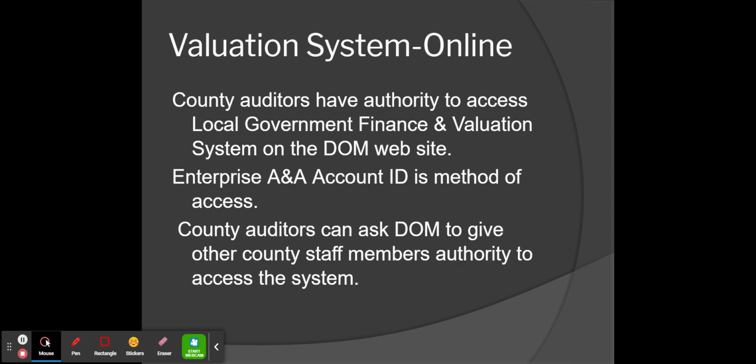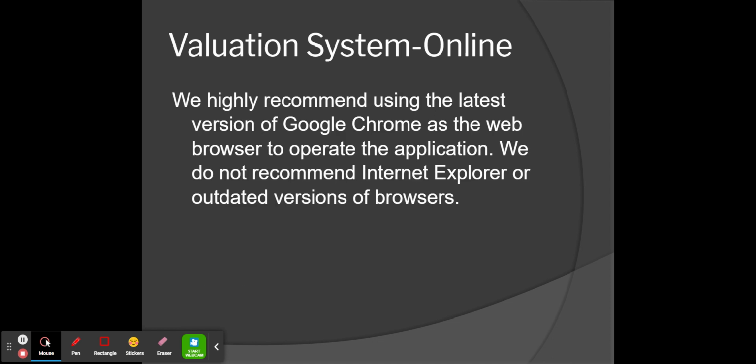Just simply contact me via email and request that a particular individual needs to access the valuation system, and we can give them that authority. If they don't have an A&A account, obviously they'll have to get one, but we can also provide information on how to get an enterprise A&A account ID and get set up.